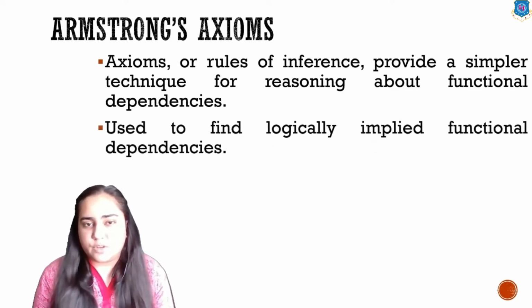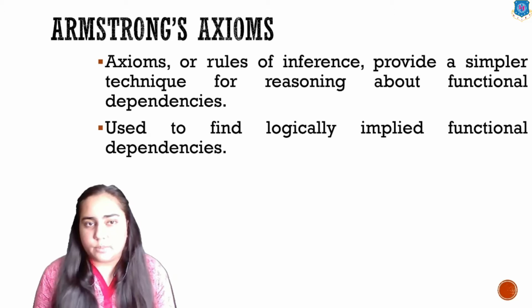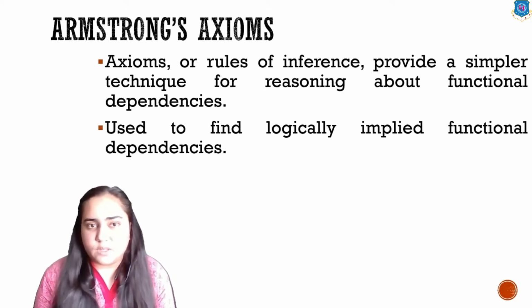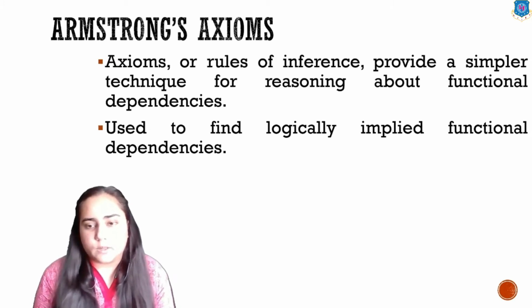So when you want to find all logically implied functional dependencies from a given dependency, that is where you will be using Armstrong's axioms. You'll understand the significance of this when you study normalization, because in normalization, we try to eliminate functional dependencies as much as possible.